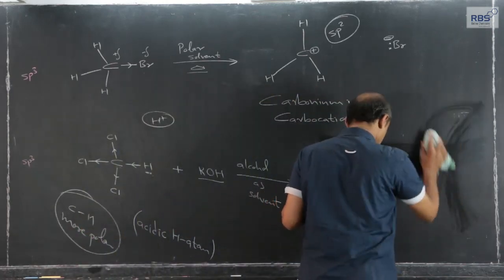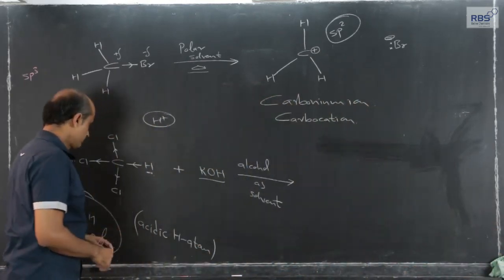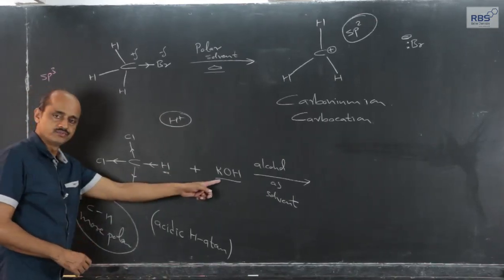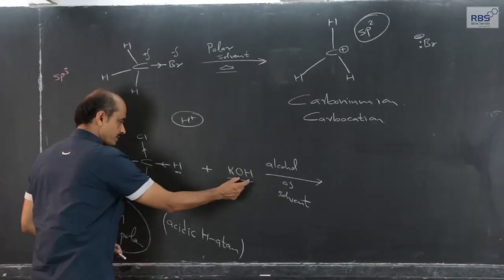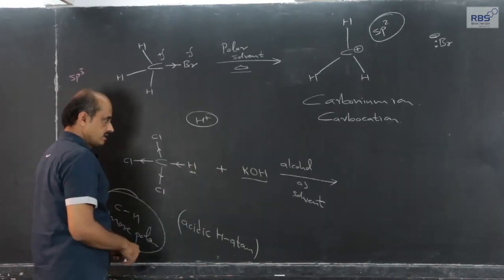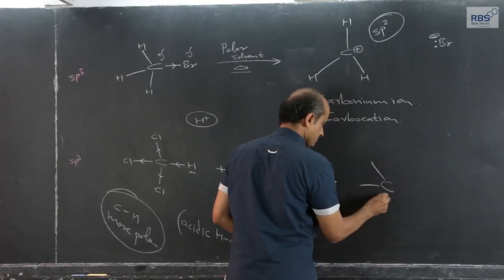Now let us come back to our point under consideration directly. Chloroform when reacted with KOH, KOH is basic, this OH minus ion will pull hydrogen in the form of H plus ion, and what remains behind is this.